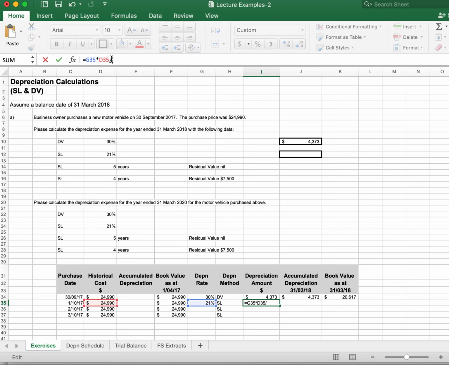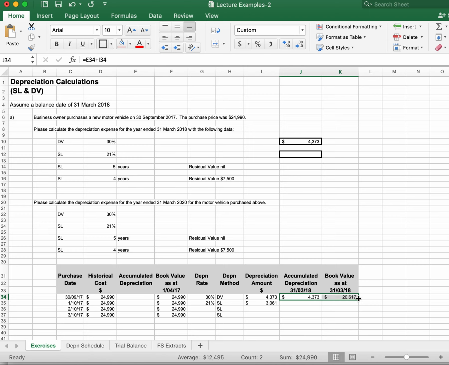So same goes here, divide by 12 to get a month's worth, times how many months? 7 will give us the value there. I just show full dollars, I don't bother about cents. These formulas will be the same all of the way down.